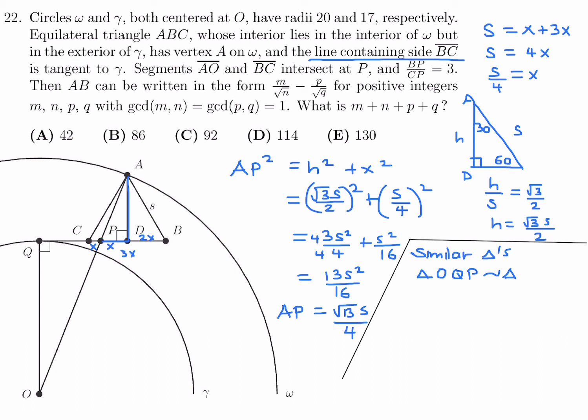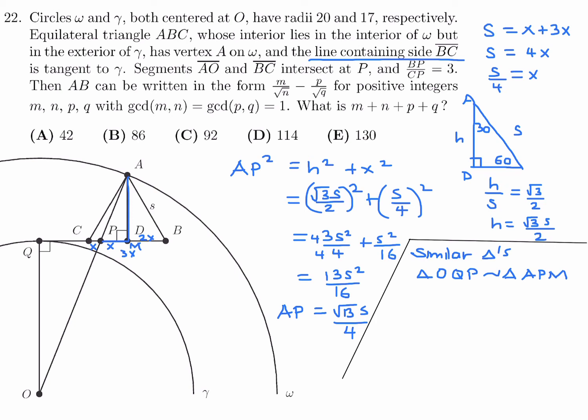We'll call this point M. They're similar because they have the same angles. This angle is the same as this angle since they're opposite angles, and this is a right angle, that's a right angle, so the third angle must be equal.